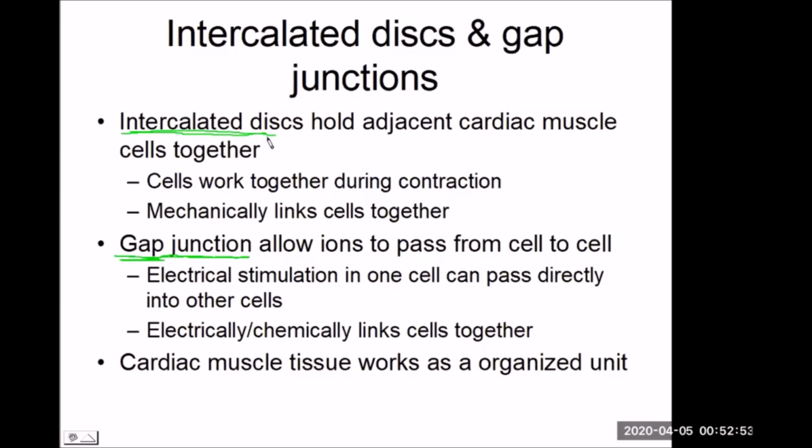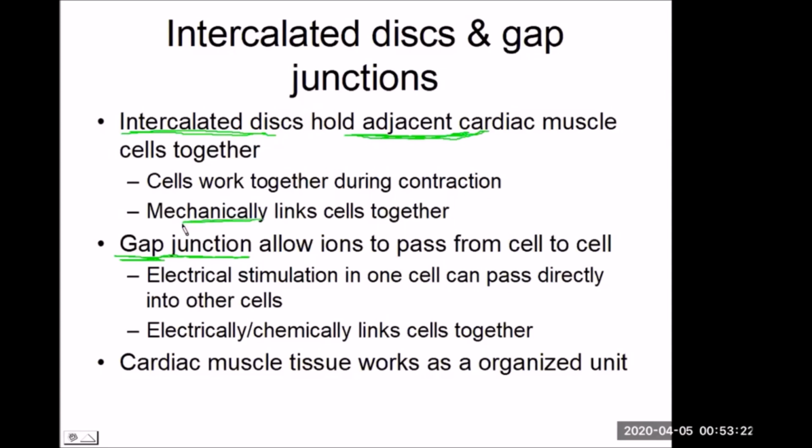So the first one here, an intercalated disc, is truly just a very strong physical bond between neighboring cardiac muscle cells. So this allows for the cells to work as one large unit. All of the cells in a particular chamber are going to contract simultaneously because they have this physical linkage.